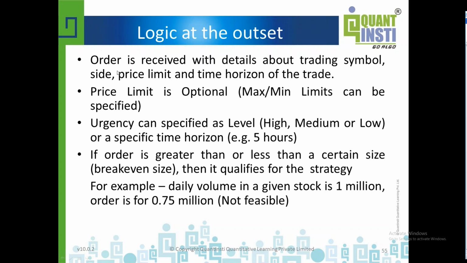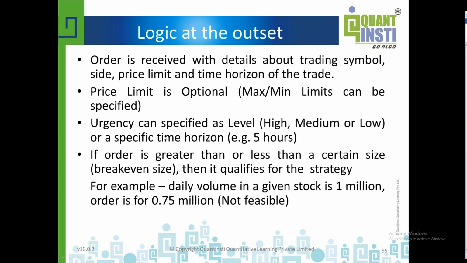Obviously it will tell you what symbol, the side. The client might give you a price limit, that I don't want to sell anything below this price, right? So that's a price limit. The time horizon, so the client will tell you that you want to trade 10,000 shares today only, right?